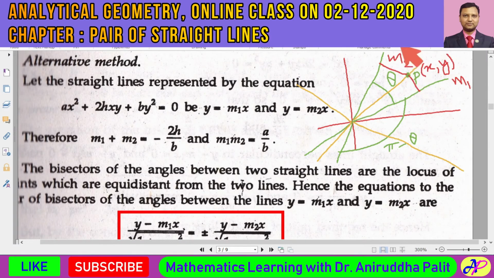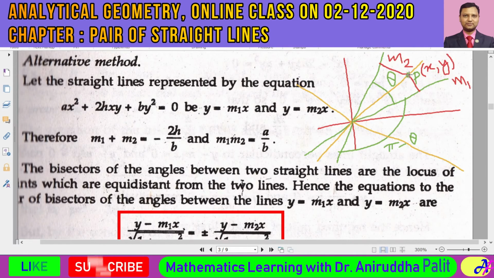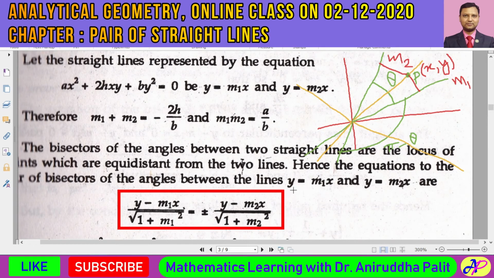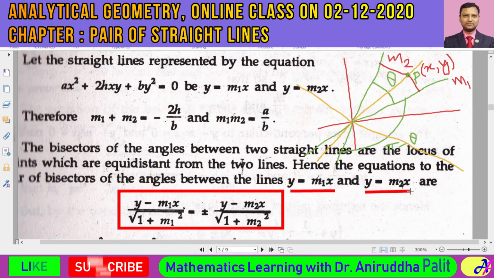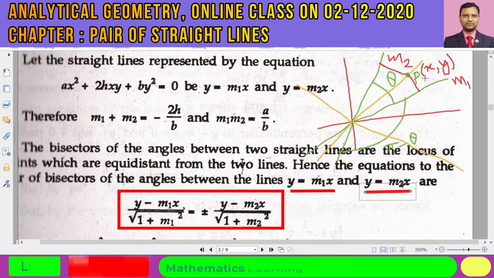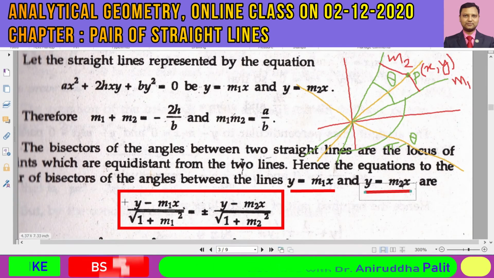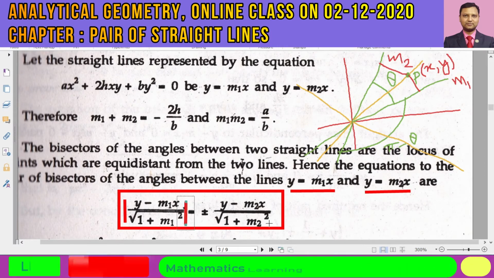So this is the point P. And what would be the perpendicular distance? The equations of the straight lines are y is equal to m1x and y is equal to m2x. From this point P having coordinates x, y, what would be the perpendicular distance without the modulus symbol? A modulus symbol should be used over here, but forget about the modulus symbol.